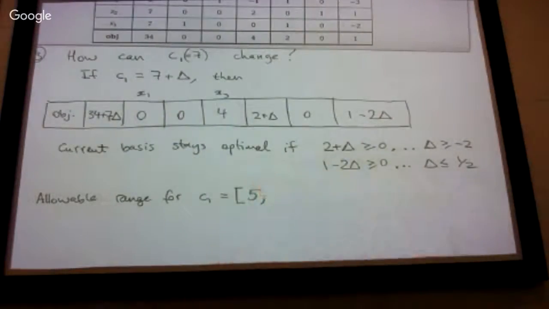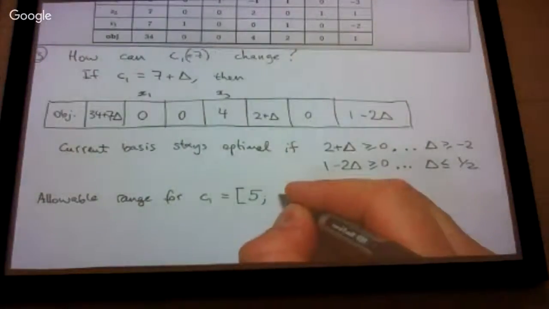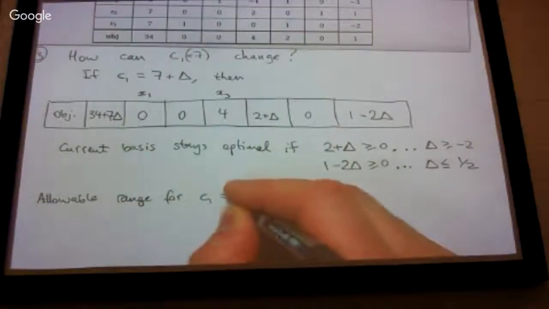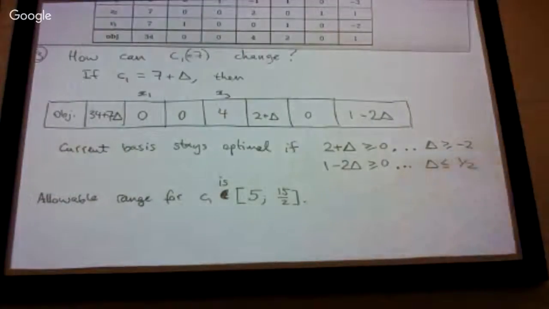And the top is 1/2, so 7.5, 15 over 2. So if we keep changing the 7 anywhere between 5 and 7.5, the same basis will be optimal. And if we go beyond that, we'll have to pivot.